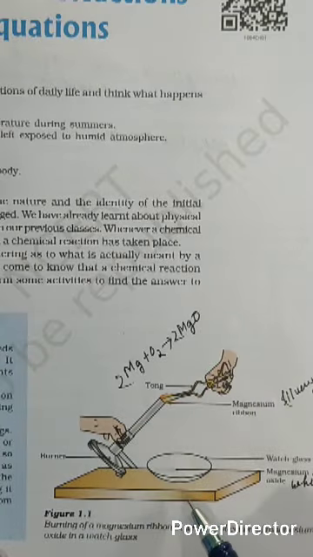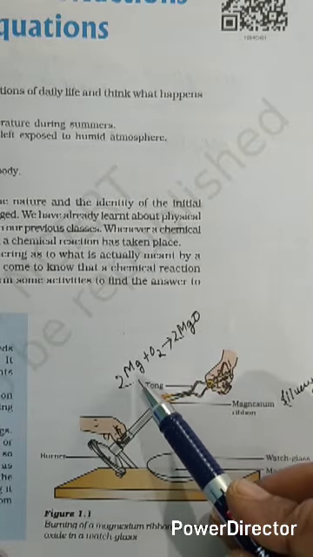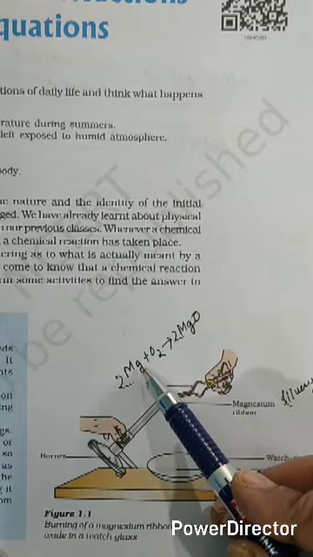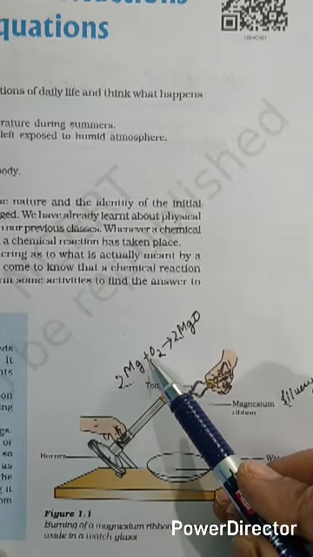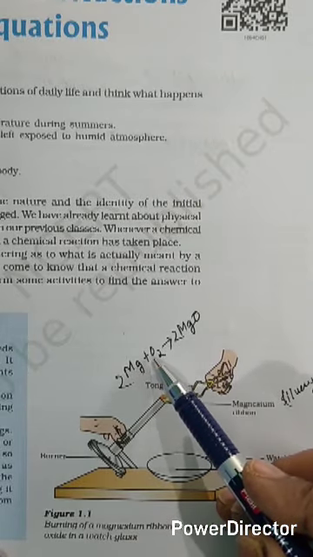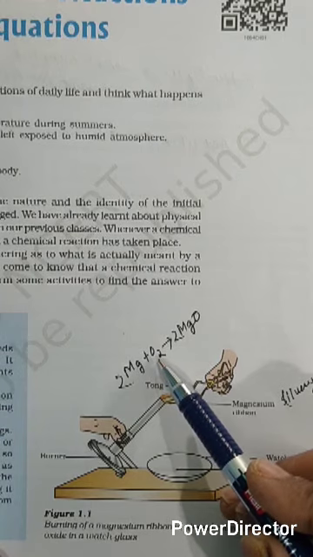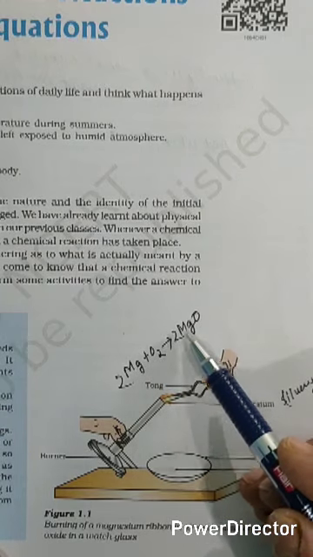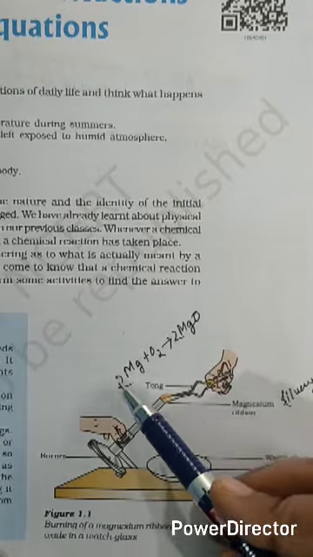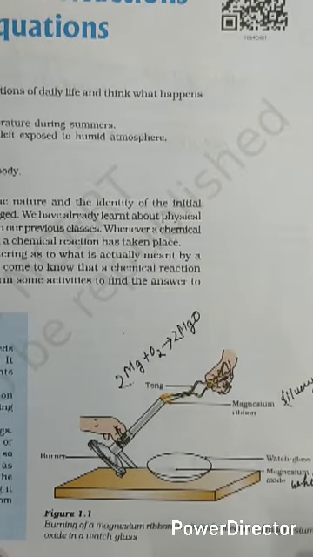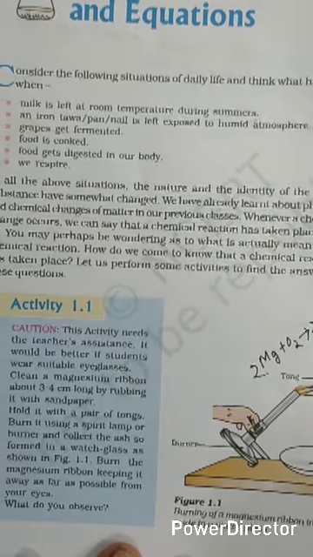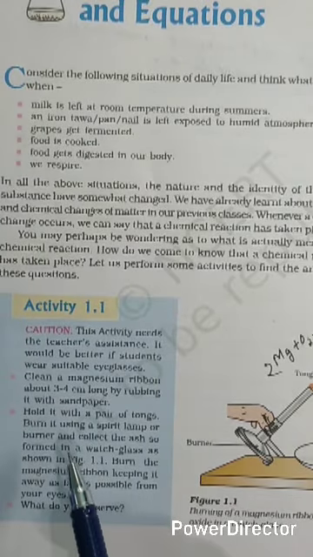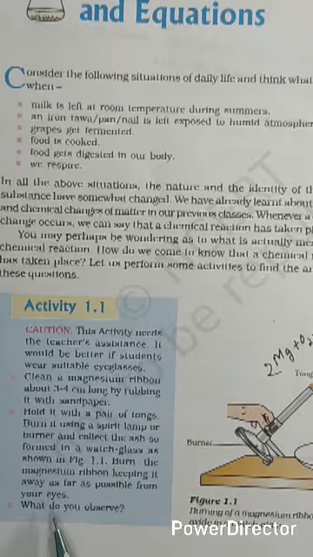Regarding the chemical equation involved, here you see whenever magnesium is burned, it gets mixed with oxygen present in the air, forming magnesium oxide. If we balance it, 2 here, 2 here. Okay, now what question is asked? What do you observe?